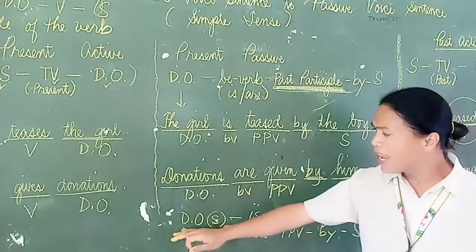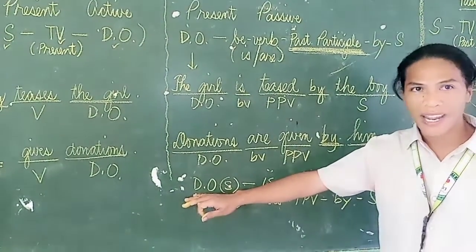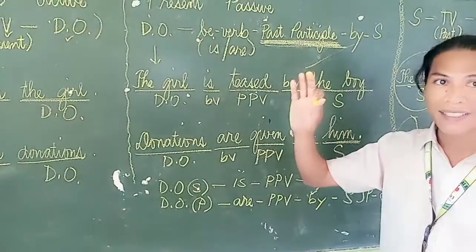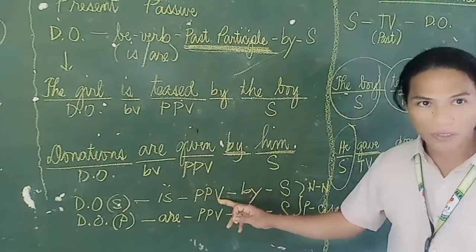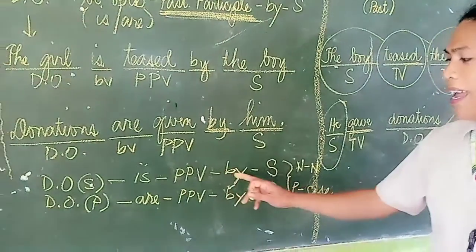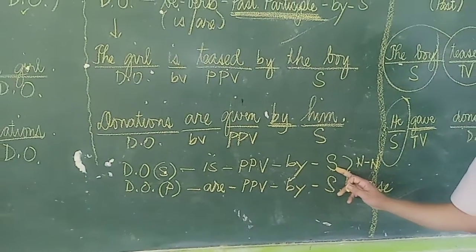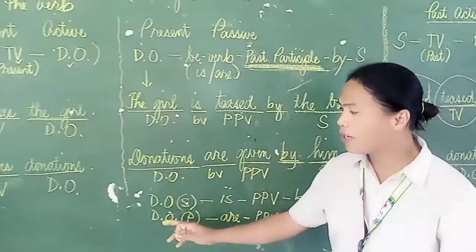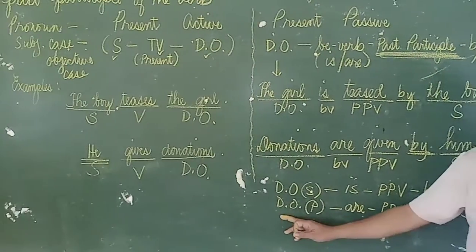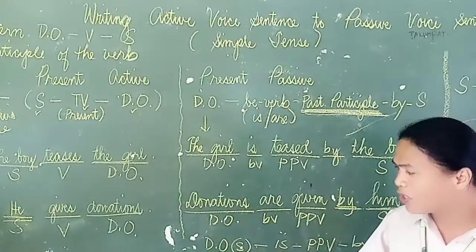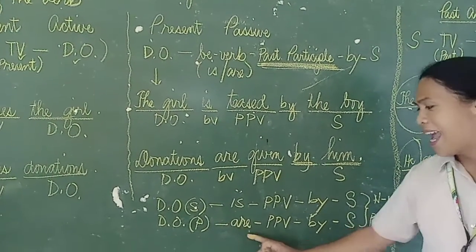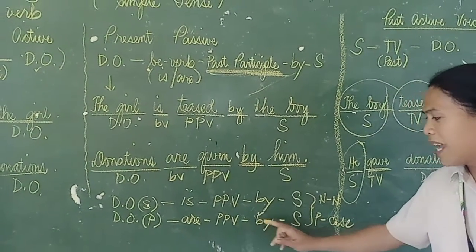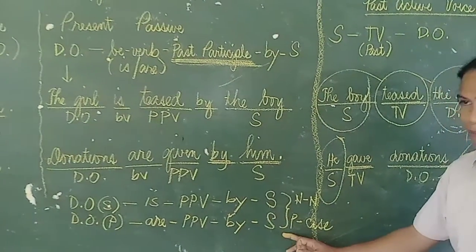If your direct object is singular in the present tense, use is, then the past participle of the verb, always remember that one, then the by and the subject. If your direct object is plural, in the present passive, it should be are, your giver. And then past participle of the verb, then by, then the subject.